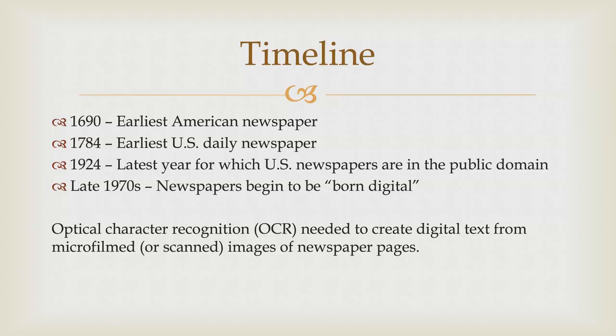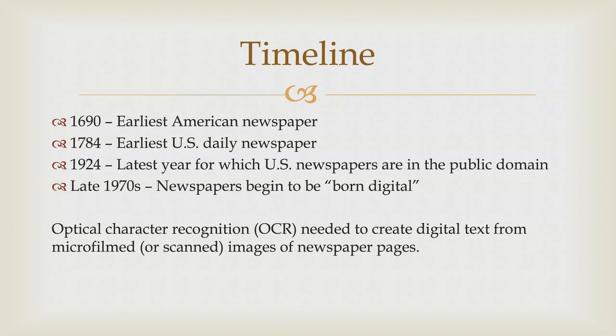Let's begin with a timeline, and we're going to be focusing in this part primarily on U.S. newspapers, or American newspapers. The earliest American newspaper was published in 1690, but daily newspapers didn't start appearing until 1784. As we go through time, and this changes year to year, newspapers in the United States may be in the public domain.